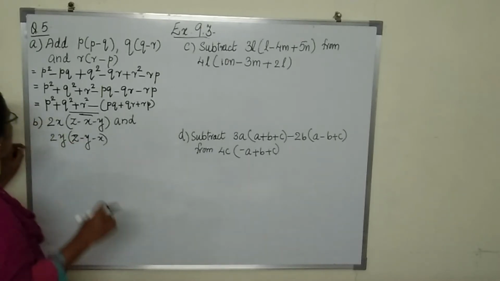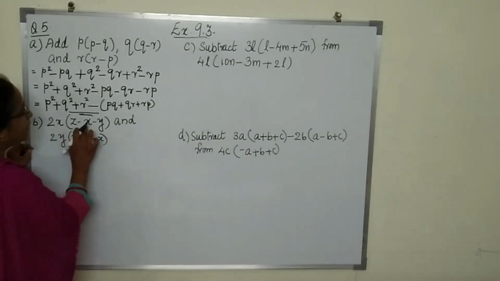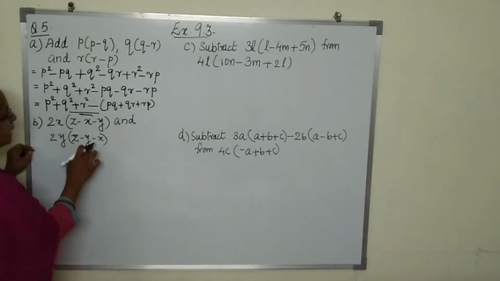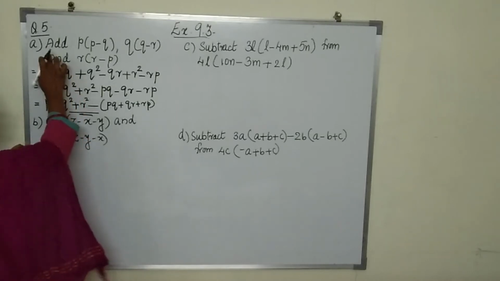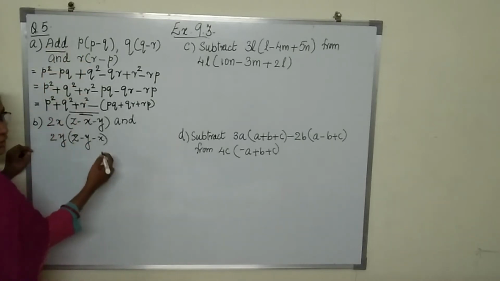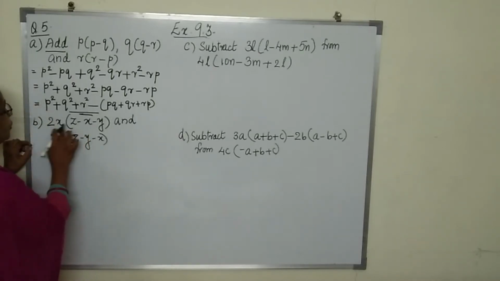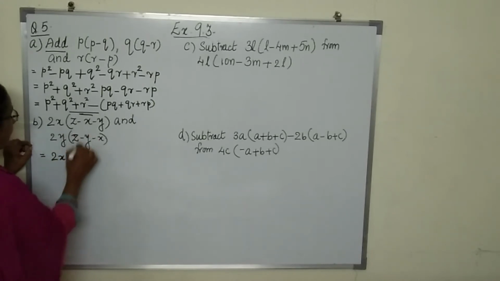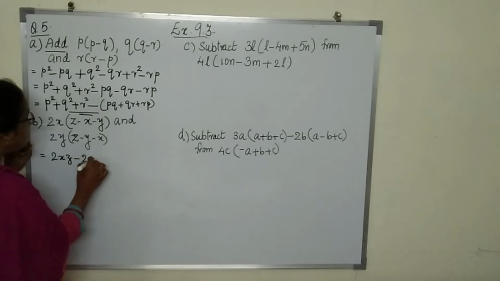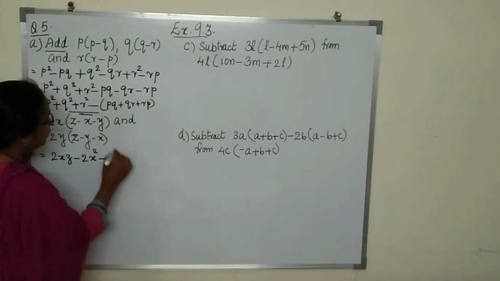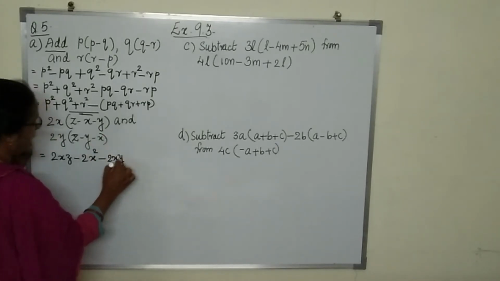Now the next one is 2x into z minus x minus y and 2y into z minus y minus x. We need to add them. So first again we have to find the product. 2x into z is 2xz, minus 2x into x is 2x square, again minus 2x into y is 2xy.